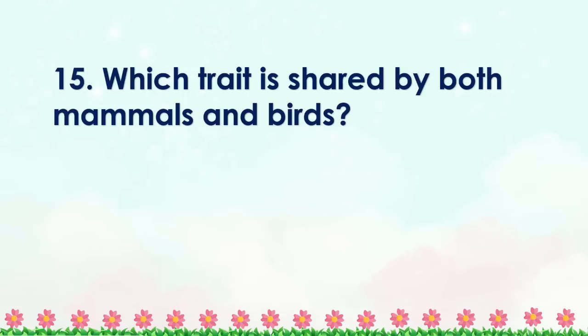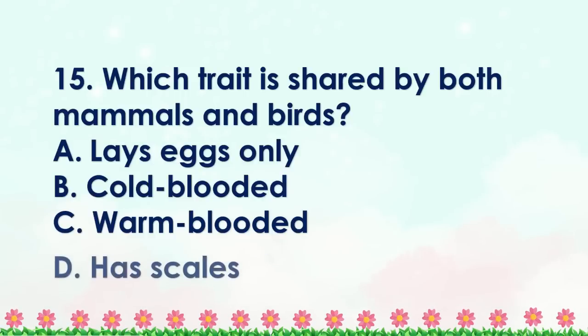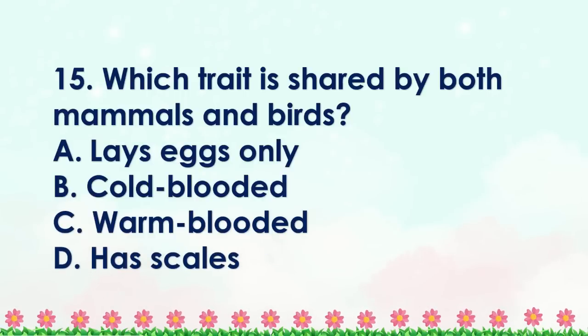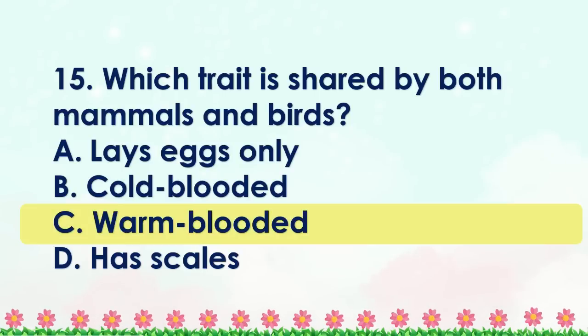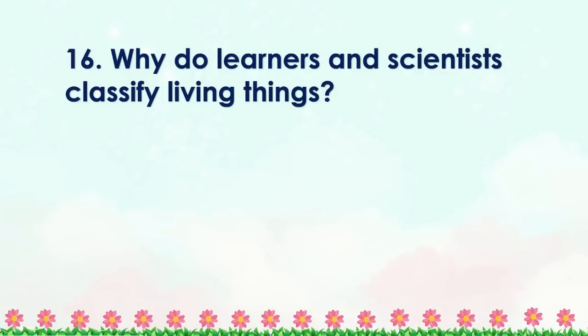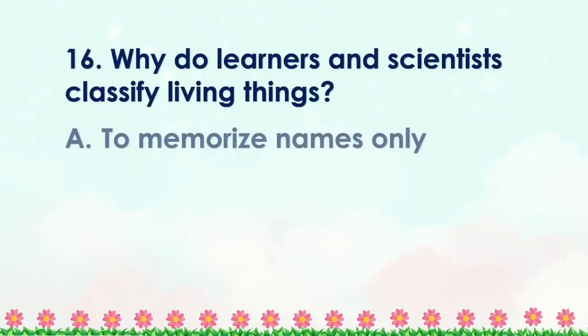Which trait is shared by both mammals and birds? Letter C. They are warm-blooded. Why do learners and scientists classify living things?